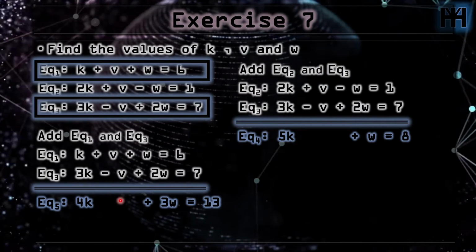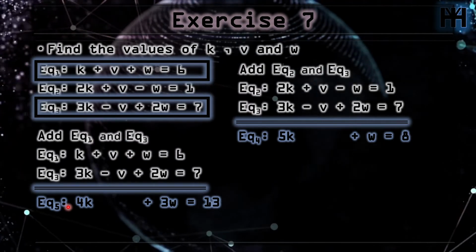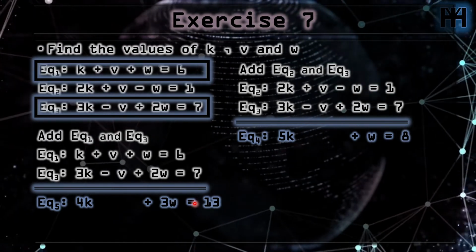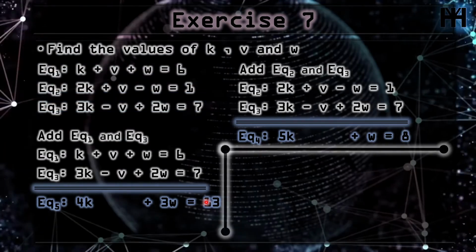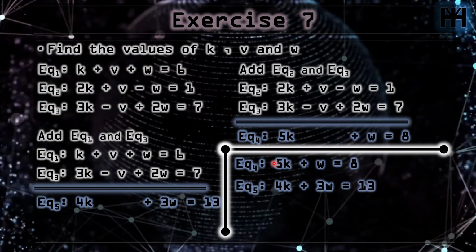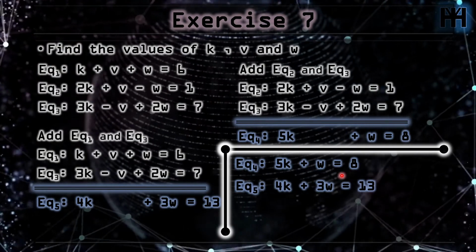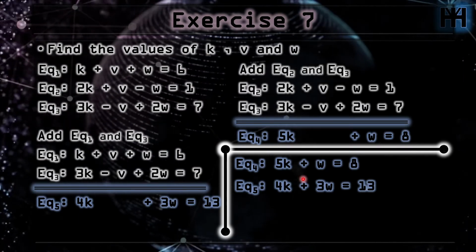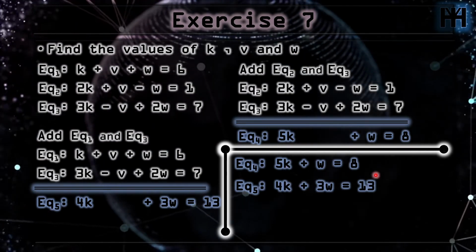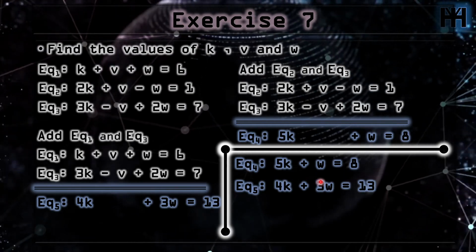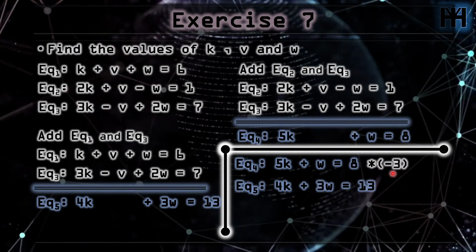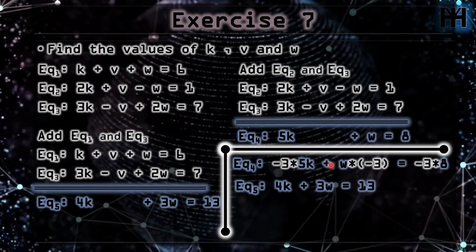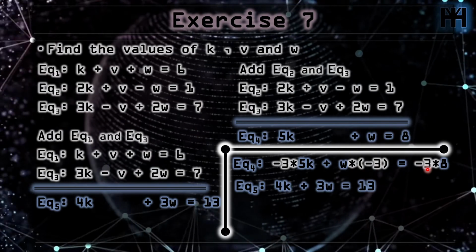So we can work with equation 4 and equation 5 to get the value of either w or k. We can get one of them now. It's easy. We have equation 4, 5k plus w equals 8, and 4k plus 3w equals 13. Maybe we can multiply the first equation by negative 3 to get rid of the 3w here. So negative 3 times 5k plus w times negative 3 equals negative 3 times 8.